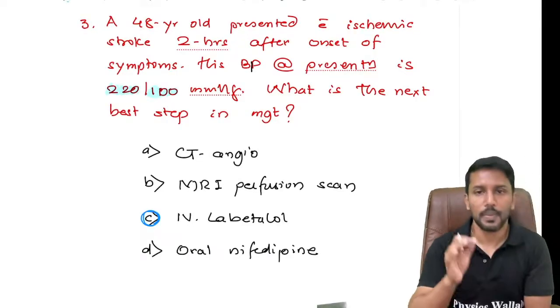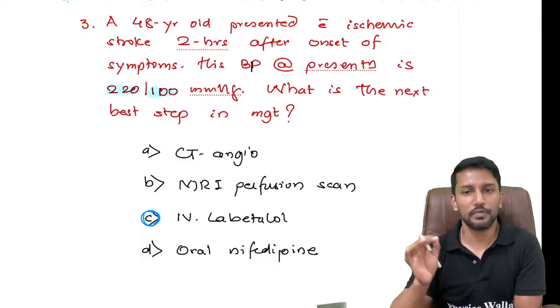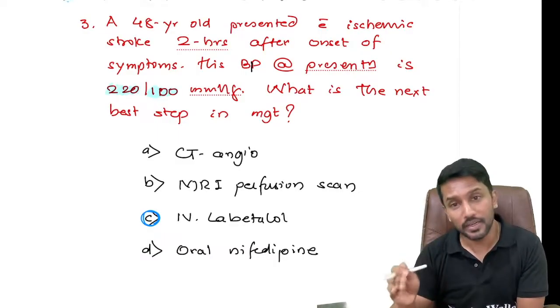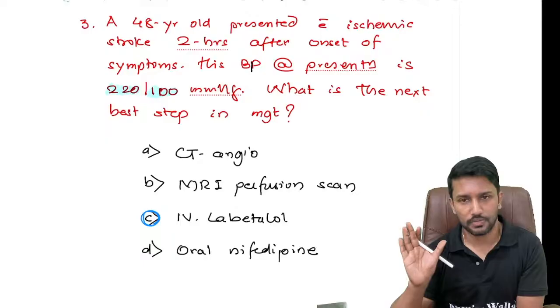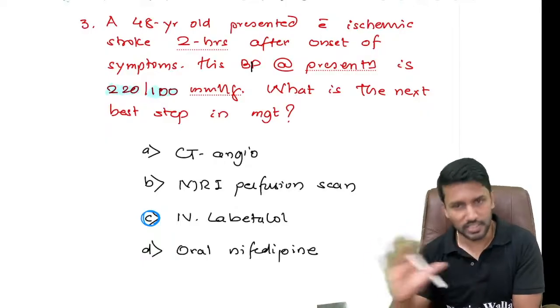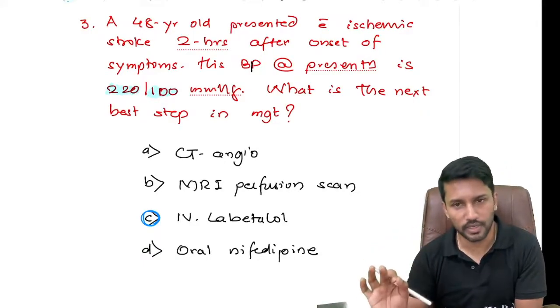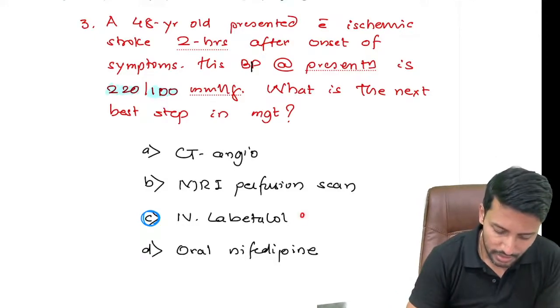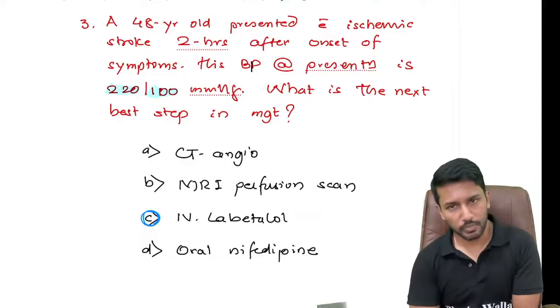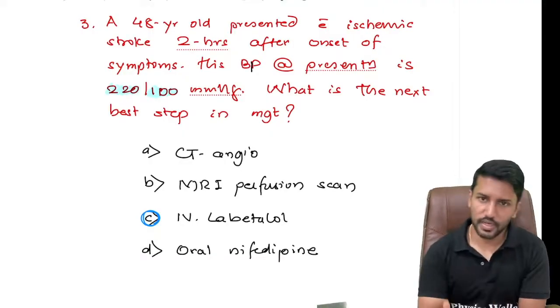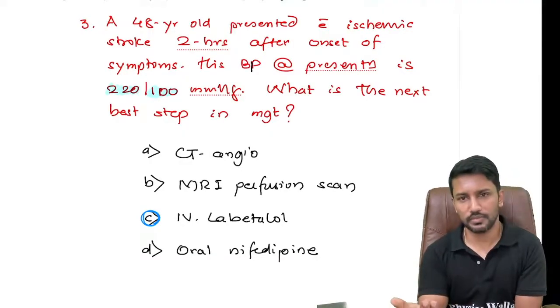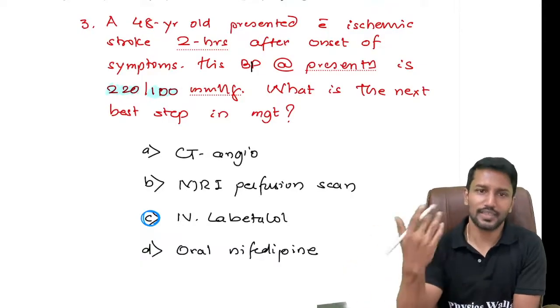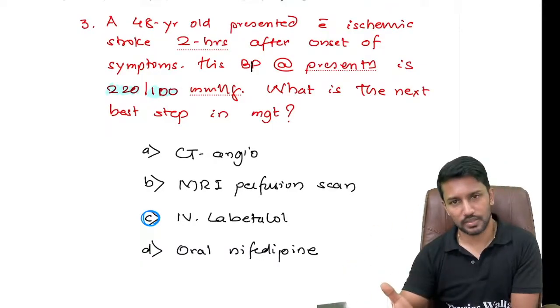So please remember, BP more than 185 by 110 despite treatment is a contraindication, not just because it is more than 185 by 110. So here the next step is to give IV labetalol. Same question, say IV labetalol has lowered the BP to less than 185 by 110 at 3 hours. And then what is the next step? The next step is to do the thrombolysis.